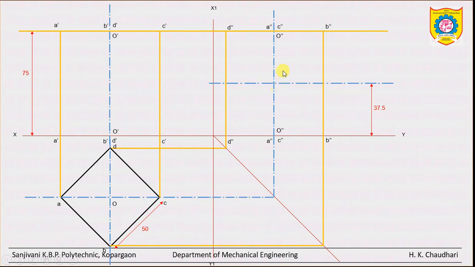Considering this axis as a diagonal for this prism, try to draw the left square face, considering O1 double dash as a center. The size of the prism is 30 mm.